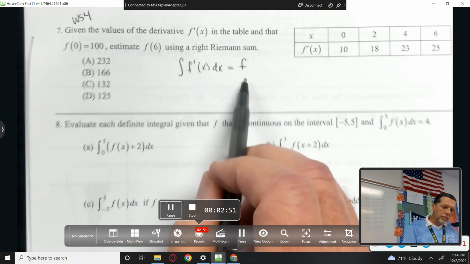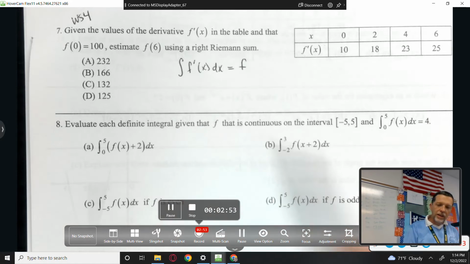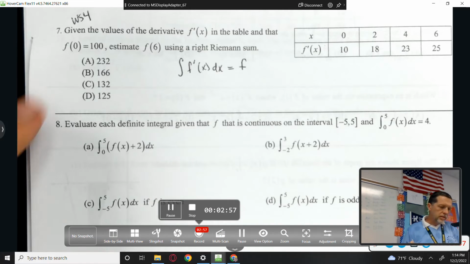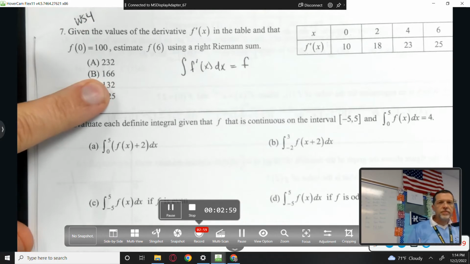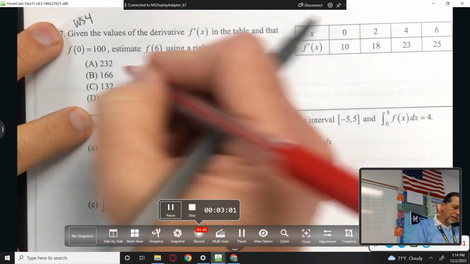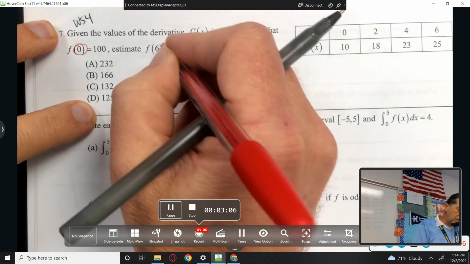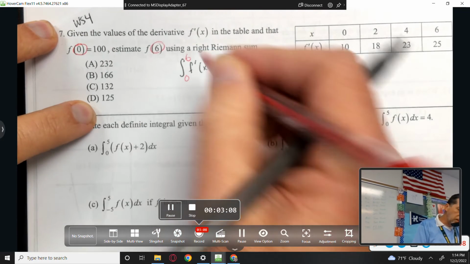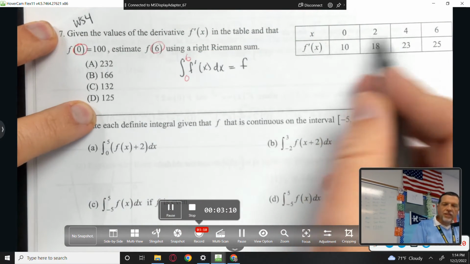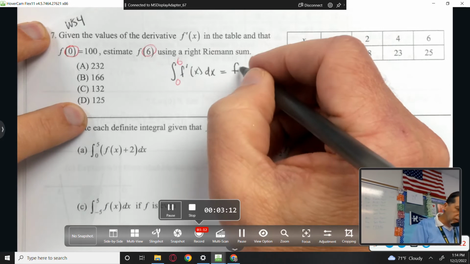Now, is this a plus c antiderivative or an antiderivative with limits? Number 7? It's got limits, right? I get values of answers. There's no plus c anywhere. So limits from 0 to 6, which makes sense because I've got a table from 0 to 6.